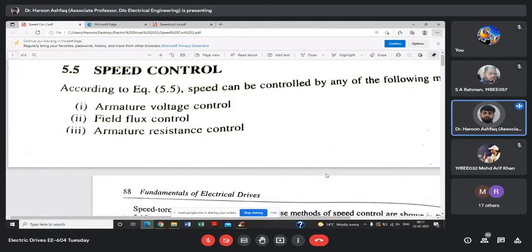Armature resistance control is a special case of armature voltage control, in which the input voltage of the armature circuit is controlled or dropped in a resistance that is put outside. So the behavior remains almost the same as in armature voltage control.